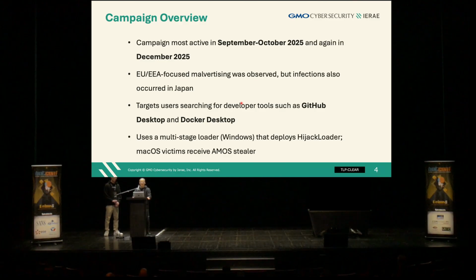The fake installers for developer tools like GitHub Desktop and Docker Desktop. On Windows, the malware uses a multi-stage loader that drops HijackLoader. Also, on macOS, victims get an Atomic stealer. In both cases, the attackers want to get credentials and tokens. So developers are clearly the main target.